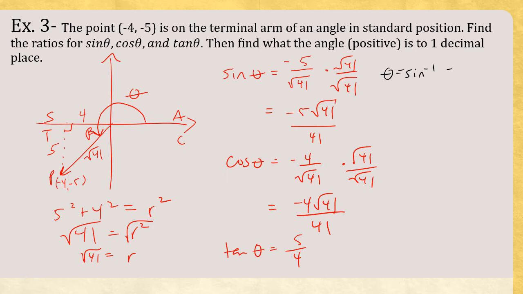Negative 5 root 41 over 41. So everyone type that in. Sine inverse, negative 5 root 41 divided by 41, close bracket. And I get negative 51.3.